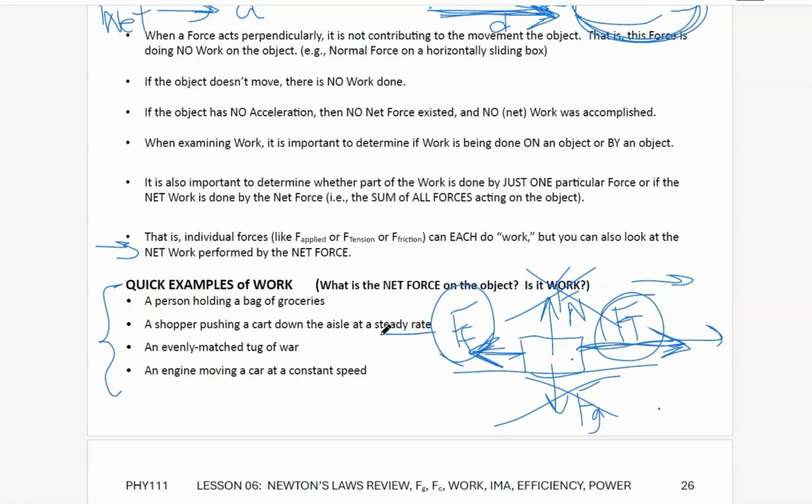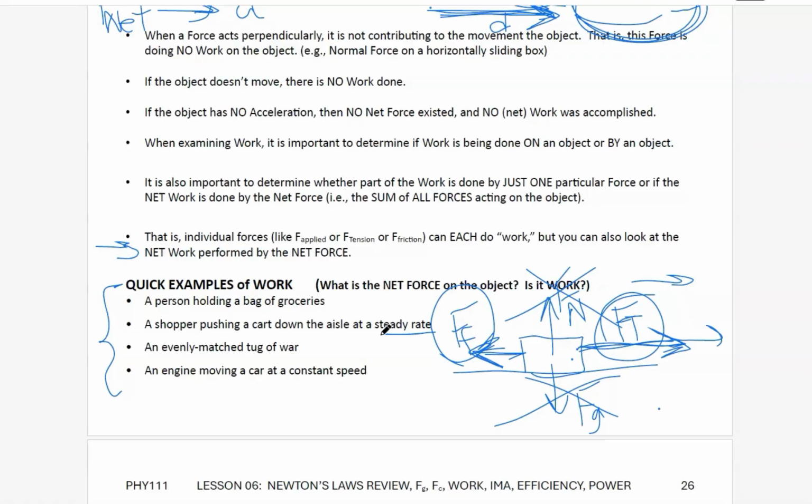An evenly matched tug of war. So two teams are pulling on a rope. You already know they exert the same force on the rope because the tension is exactly the same everywhere along the rope, and it's in both directions everywhere along the rope. So that force is going to be the same all the way through.